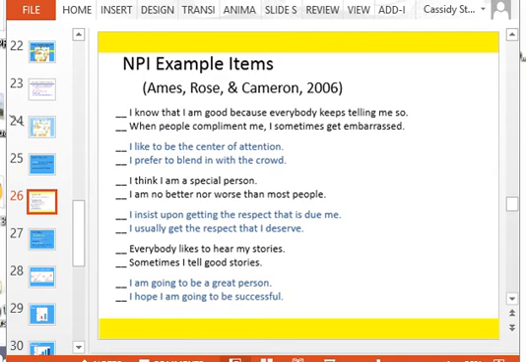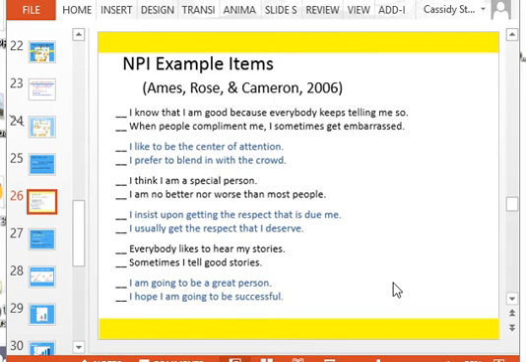So when we look at something like here, I am going to be a great person, or I hope I am going to be successful. Now, which one would you choose? Now, if you chose I am going to be a great person, according to this scale, which is an actual scale, it's been published and verified, that would count towards being narcissistic. Now the question is, is that correct?